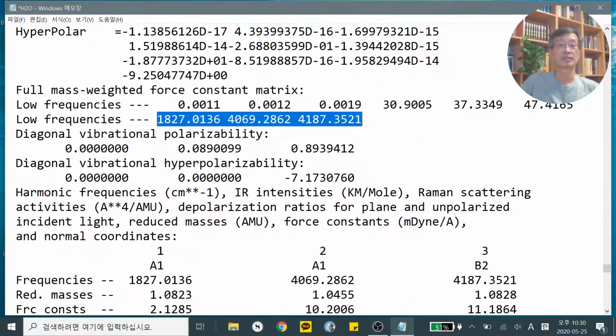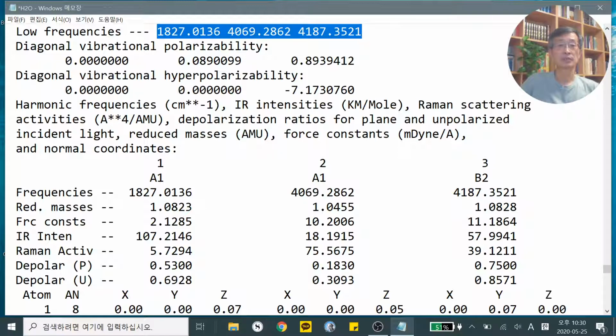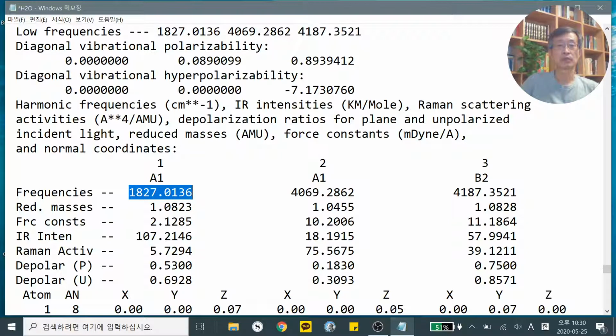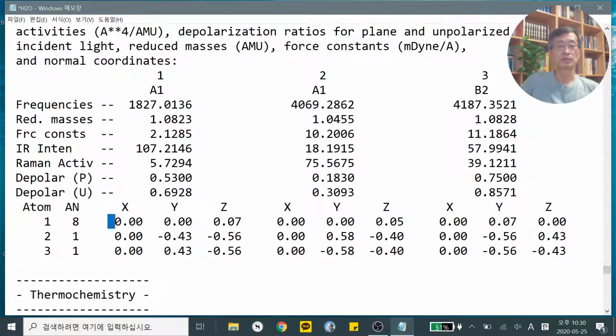They are classified according to their symmetry, which is based on the translational vectors: atom 1, oxygen, atom 2, hydrogen, atom 3, hydrogen, with their XYZ coordinates.